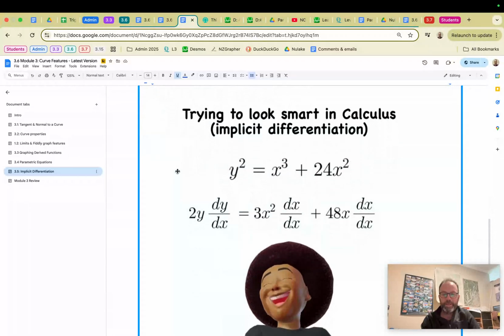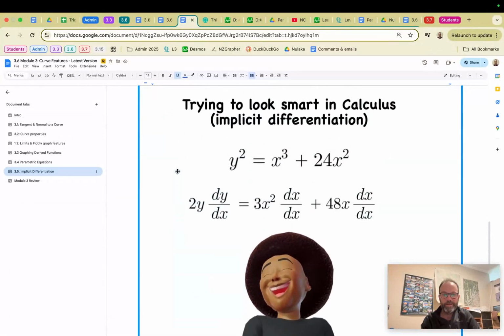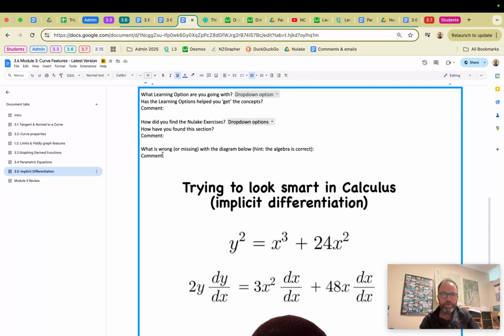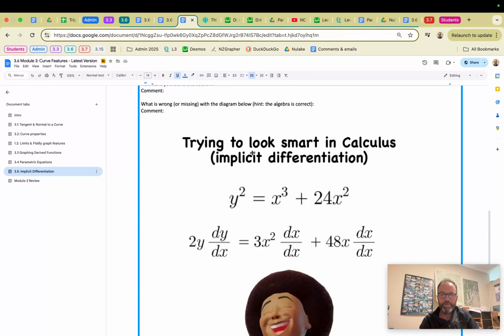Down the bottom here, this chap again, trying to look smart in calculus. If you can do implicit differentiation, you're probably in that category. And there we have it, y squared. Look what happens here. So here's the skill. You actually apply a bit of chain rule. Now, what is wrong or missing here?